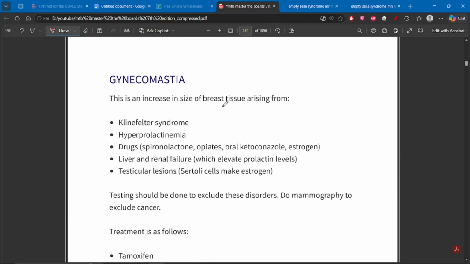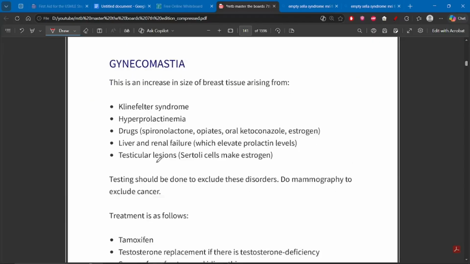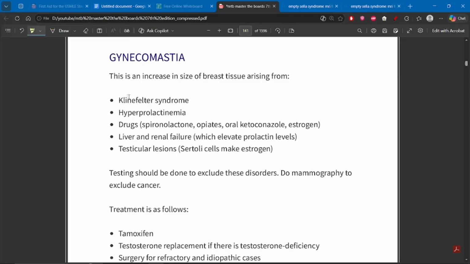Gynecomastia is an increase in the size of breast tissue. It can arise due to Klinefelter syndrome, most commonly, hyperprolactinemia, second most commonly, or drugs, in which spironolactone is asked quite a few times. Ketoconazole and estrogen are also asked. I've never heard them ask opiates, but it is mentioned here, so you might as well remember them.